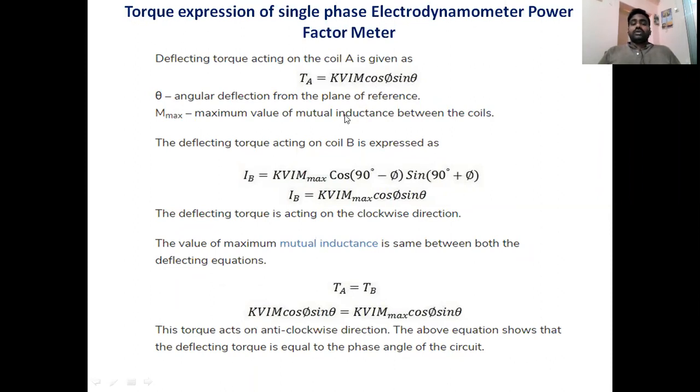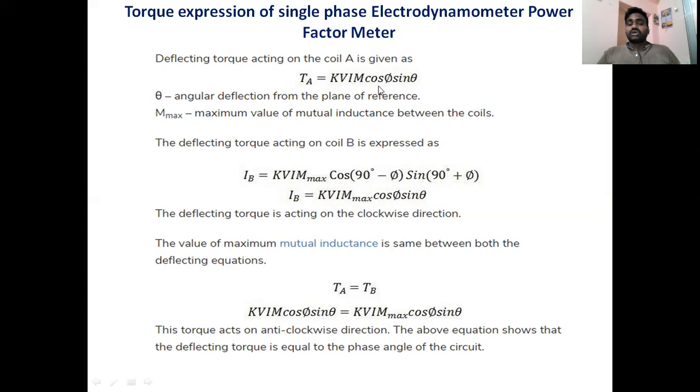If we observe the deflection torque produced by coil B, what is the nature of the deflection torque produced by coil A and coil B? Coil B will produce a deflection torque in the opposite direction to coil A, a counter deflection torque, with deflection constant K. So here in the opposite direction we have the maximum value of mutual inductance.